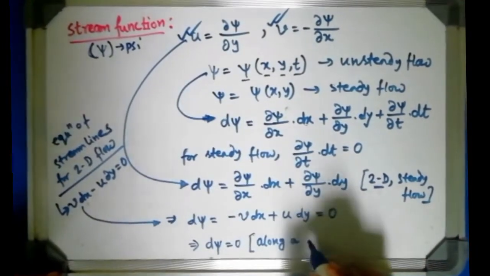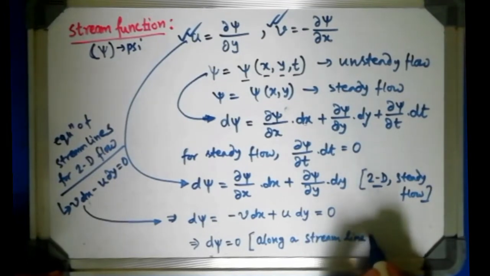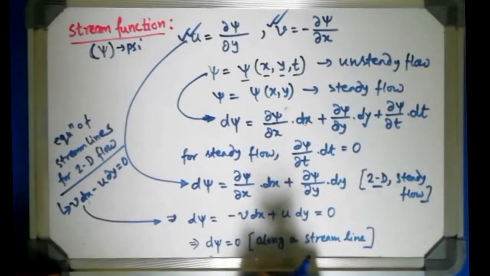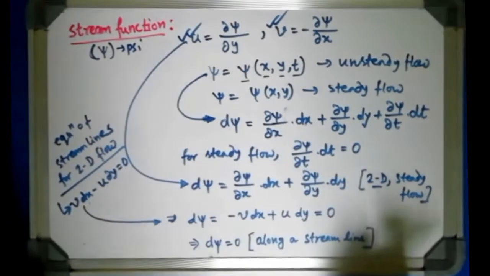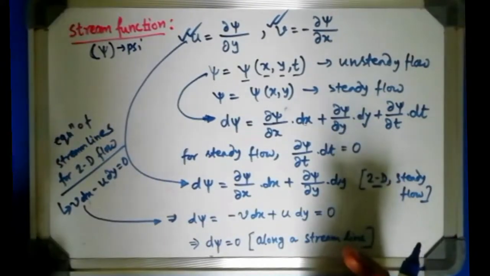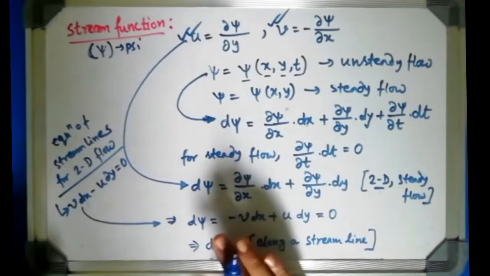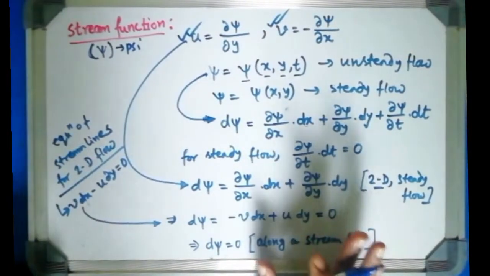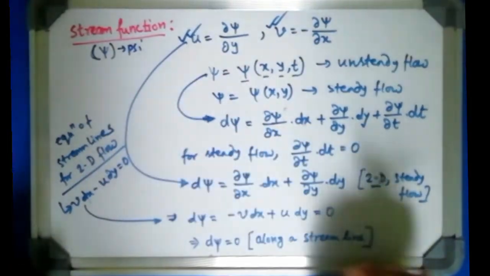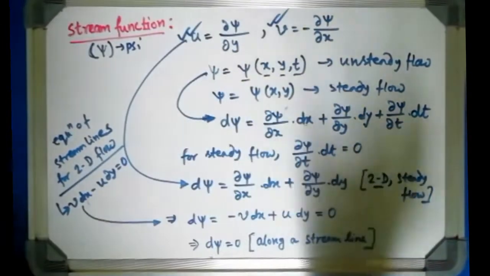What does this mean now? That means along a streamline there is no change in stream function. So along a streamline, the function known as stream function remains constant. Again repeating my words, it's very important: along a streamline, the stream function, that is psi, will remain constant.